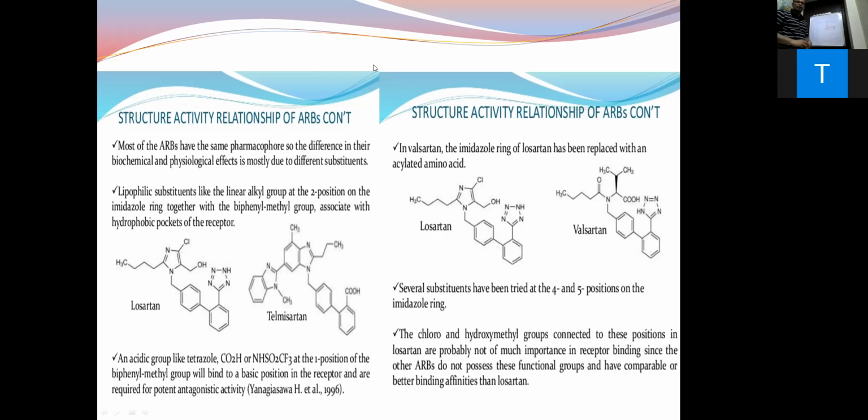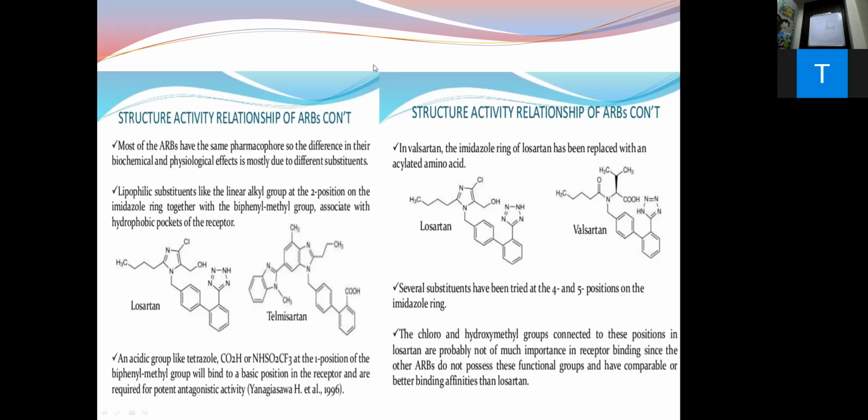It was found that the Cl and the methanolic group are not much necessary for the activity.